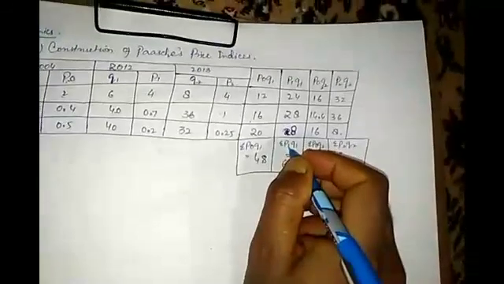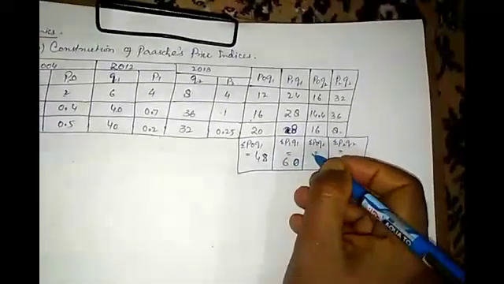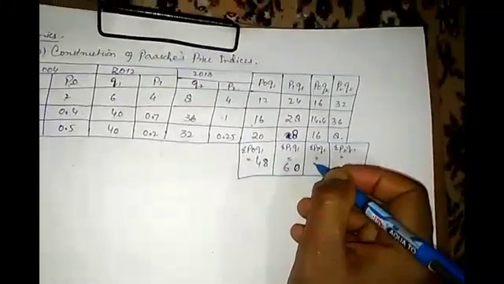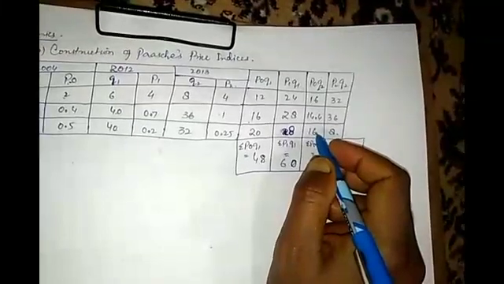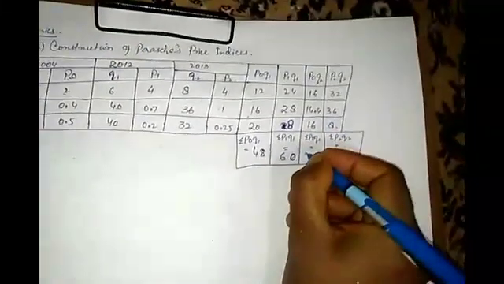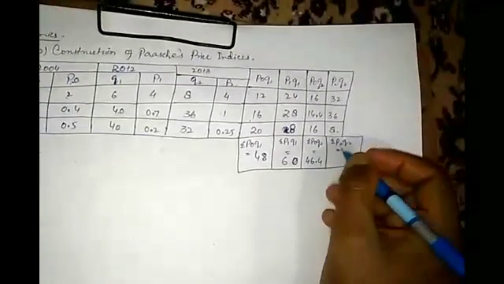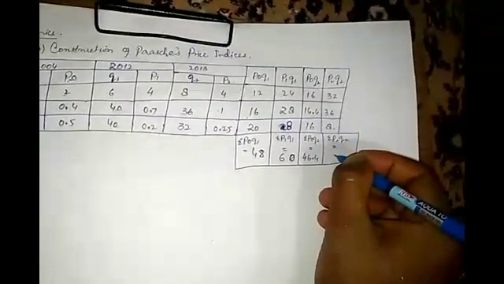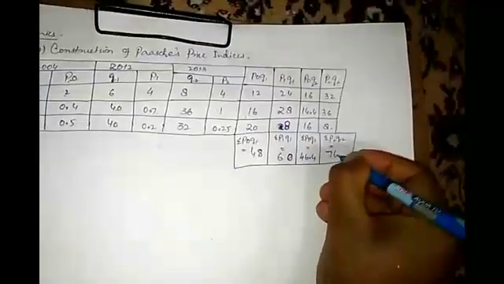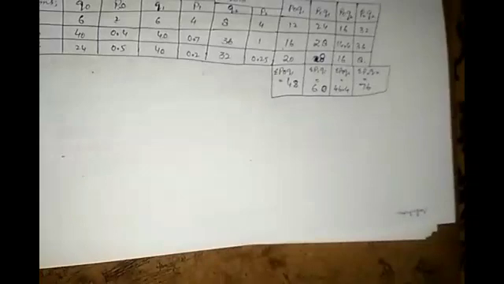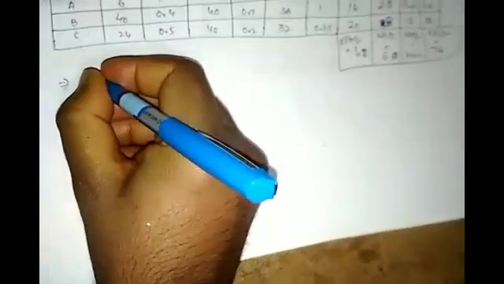Now the summation of P1Q1 is equal to 60. The summation of P0Q2 is equal to 46.4. The summation of P2Q2 is equal to 76. Now we have all the values that we require in the Paasche's index method.